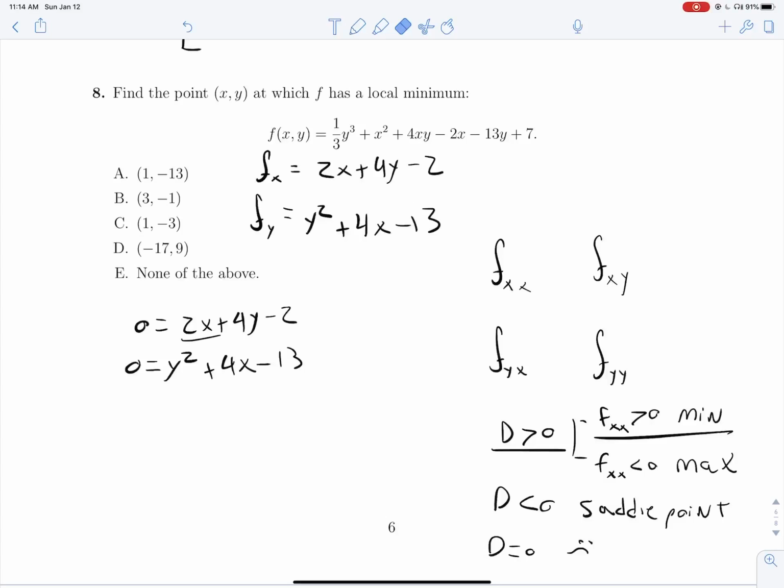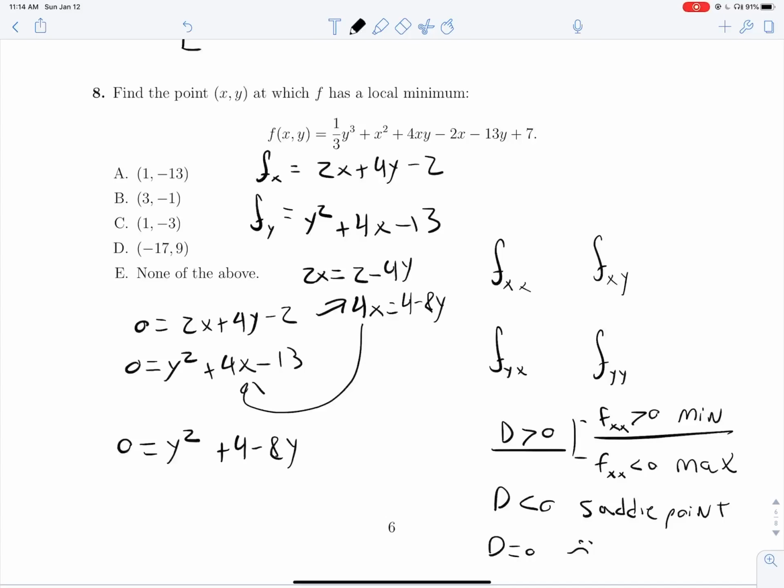We can take this and say that 2x is equal to 2 minus 4y, or 4x is equal to 4 minus 8y, and we can stick this in here, where we see that 0 is equal to y squared plus 4 minus 8y minus 13.